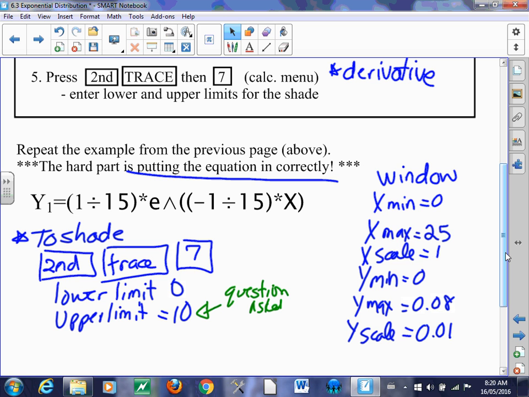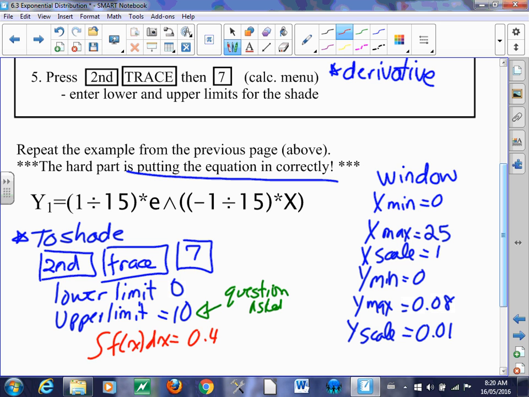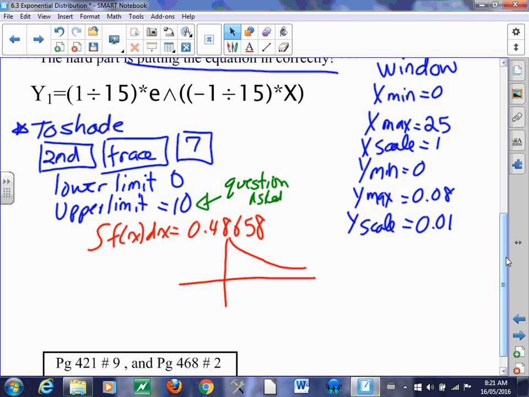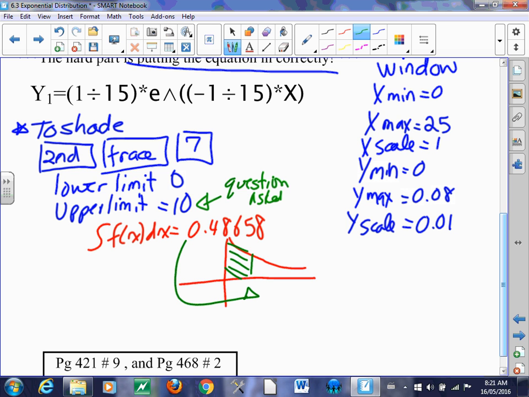Okay. All right, so after you put the lower limit and the upper limit in, it'll say something like this. F of x dx equals 0.48658. Okay. Hopefully, you have a graph that looks like this. You see a shaded part in here, and hopefully it says that down below.